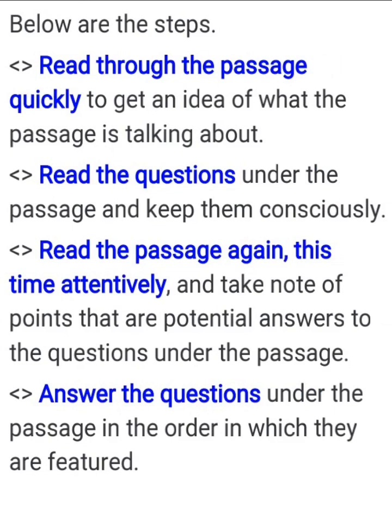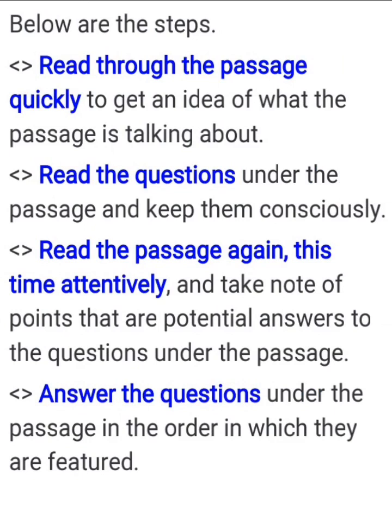Now, the first step is read through the passage quickly to get an idea of what the passage is talking about. When you are given the question paper that has the comprehension passage, you quickly read through the passage so that you get an idea of what it is talking about.